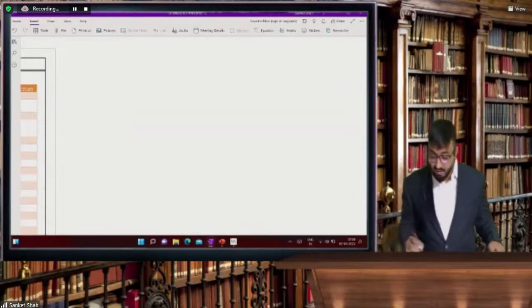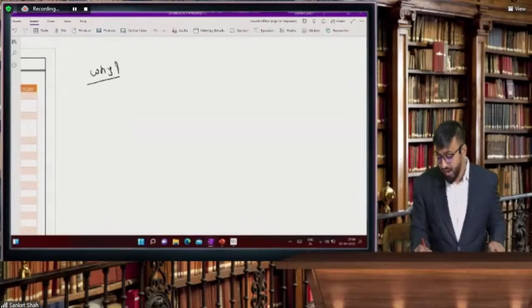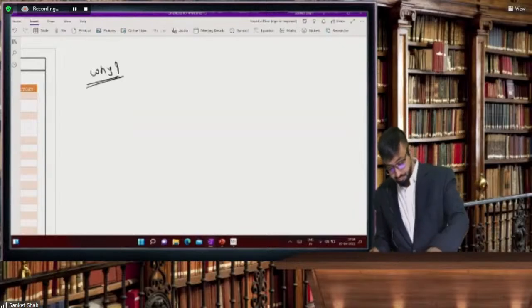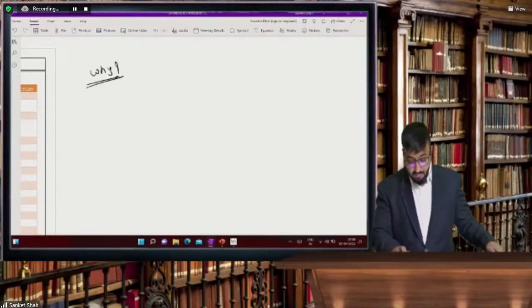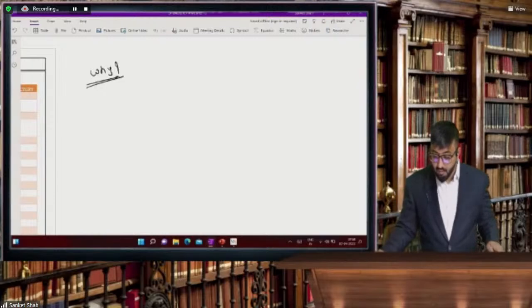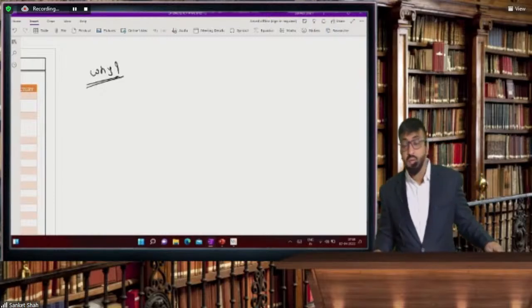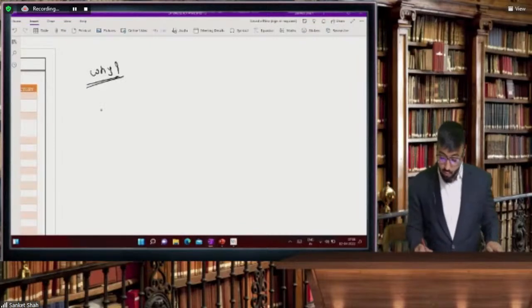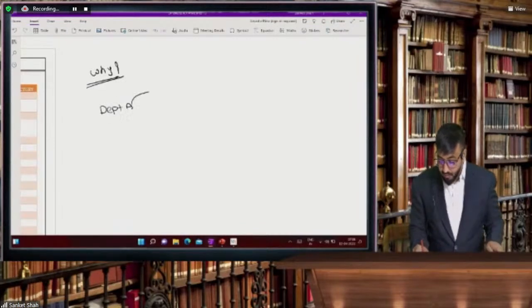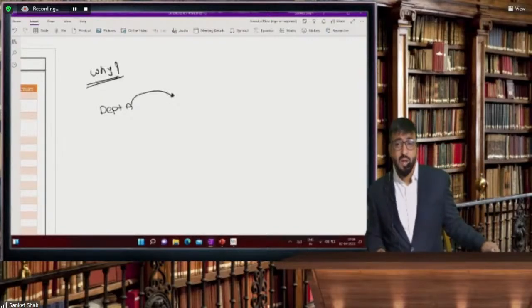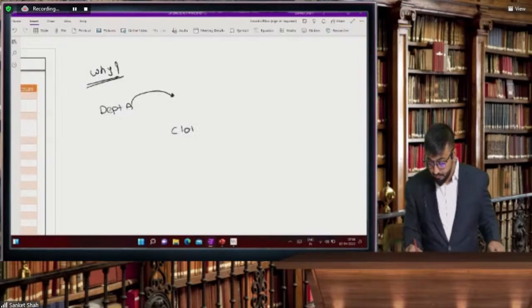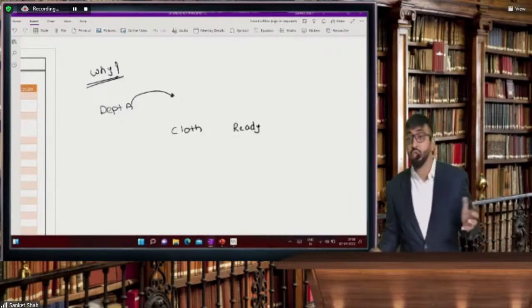Why departmental accounts? Every time ask yourself, why this chapter, sir? Departmental accounts means one department, after processing, transfers to another. Suppose there are 2 departments, one is the cloth department and the second is the ready-made garment department, or one is the leather department and the second is the shoes department.